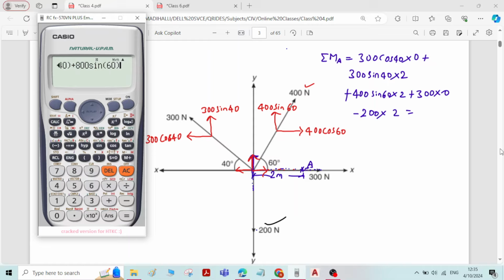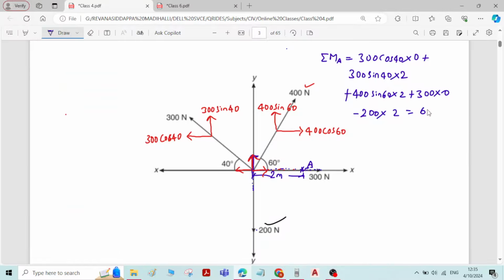Then 300 into 0 becomes 0, minus 400. So the answer is 678.49 Newton meter. This answer is the algebraic sum of moments of the system of forces about point A.